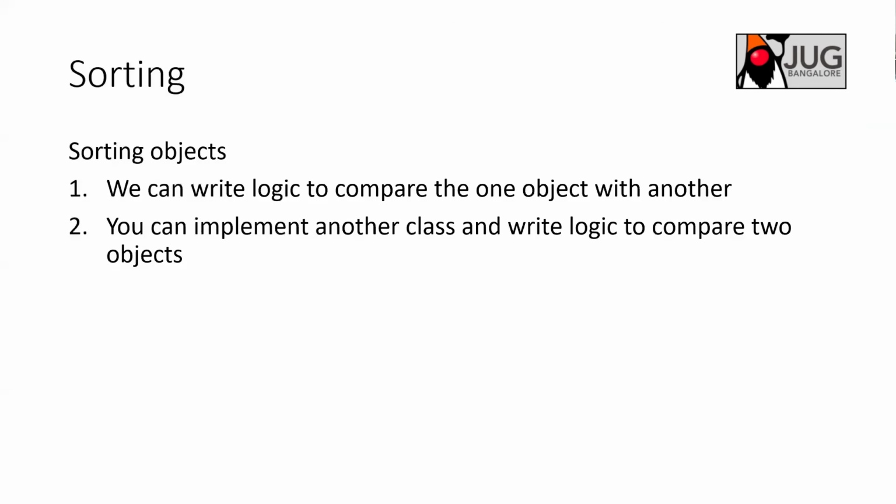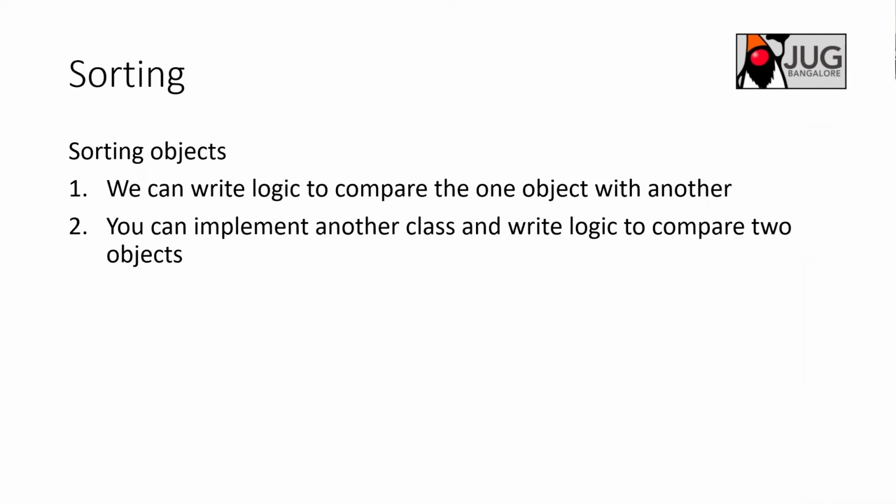Basically, we have two ways we can sort. One is that you can compare one object with another object, and you can write that comparison logic in two ways. Either you implement your own logic in the same class, let's say you have employees or students, and you want to write compare logic, comparing two objects, so you implement the logic there itself. Or you implement a different class.